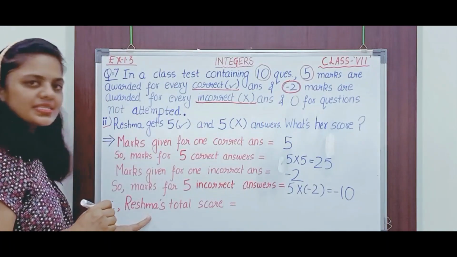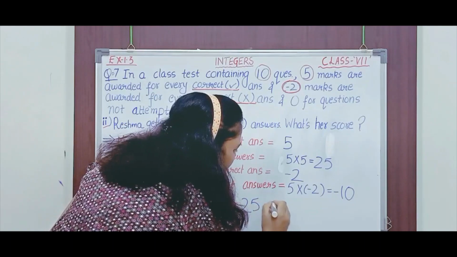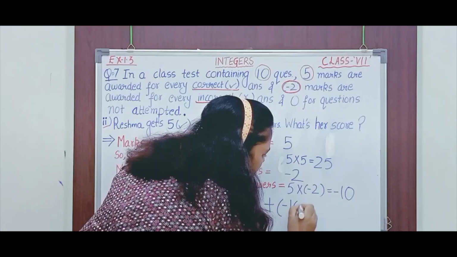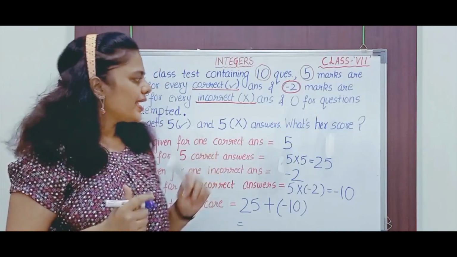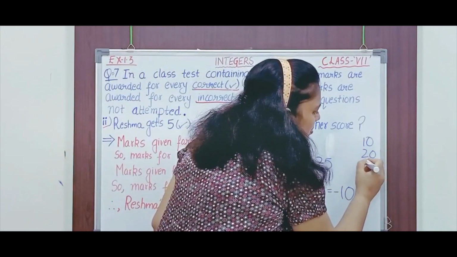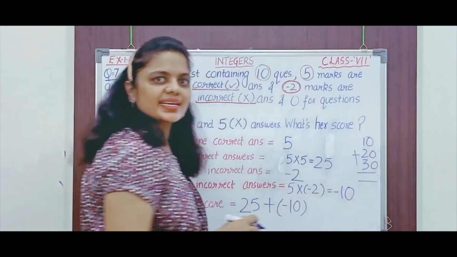So what will be the total score of Reshma? It would be 25. Total always indicates plus or addition. And whatever is a minus, we will enclose it in brackets. For example, if you have got 3 papers, in one paper you got 10 marks, in one paper 20, in one paper 30. What is your total score? You will just add all the marks and get the total.